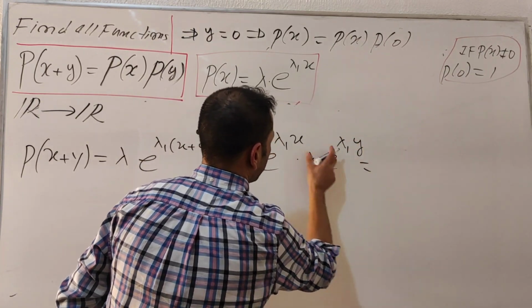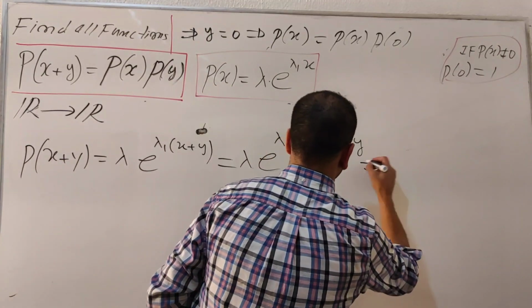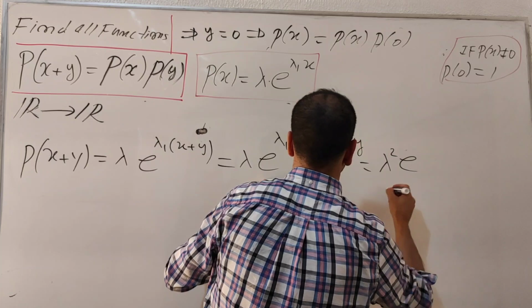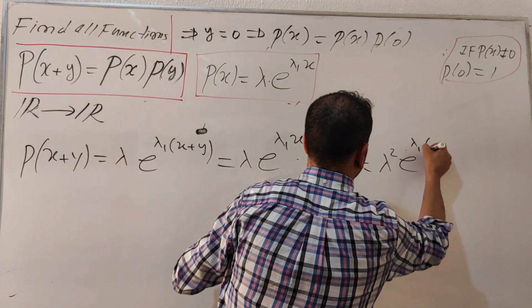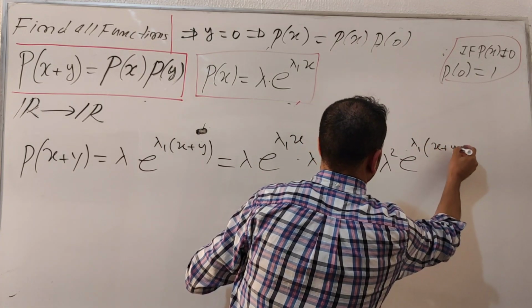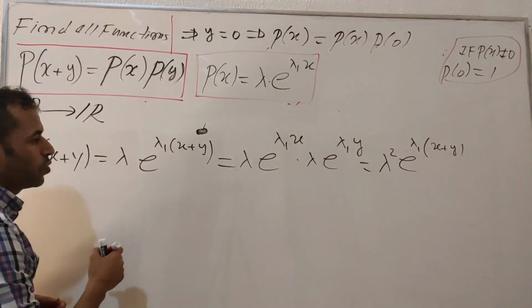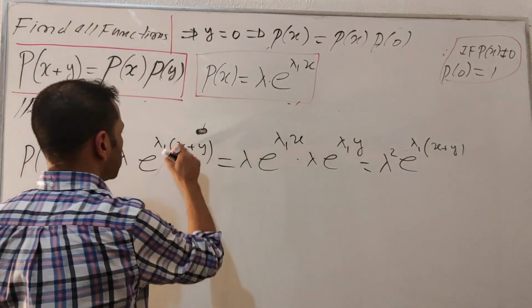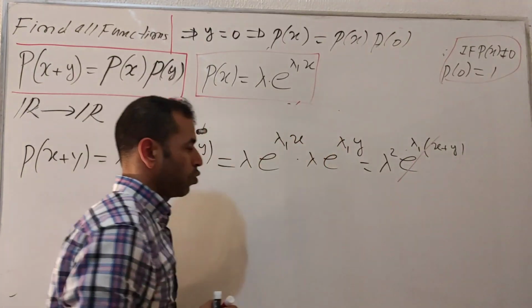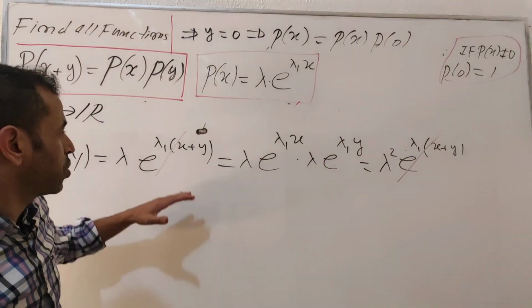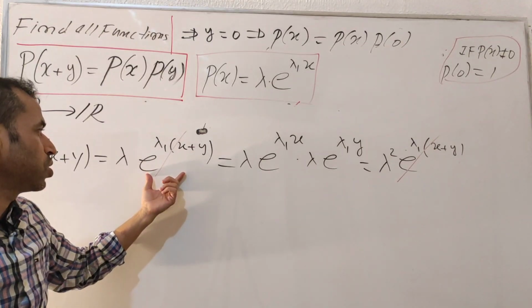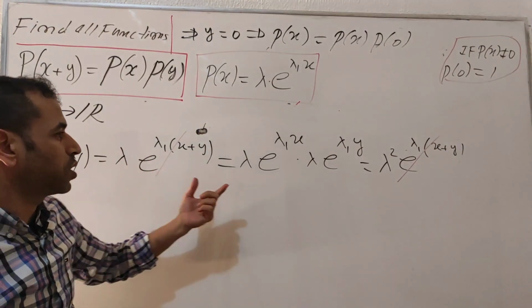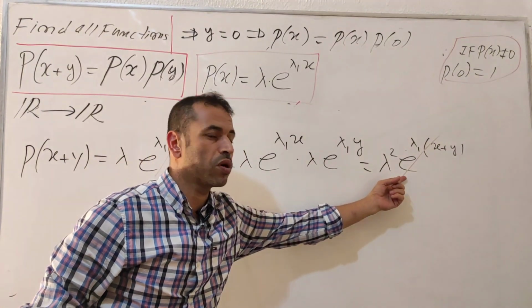Putting this together, I have lambda squared multiplied by e to the lambda 1 times x plus y as an exponent. This exponential term is the same on both sides, so let's cancel it out, because it is different from 0. It is impossible for it to equal 0 since it is an exponential, so we divide both sides by it.